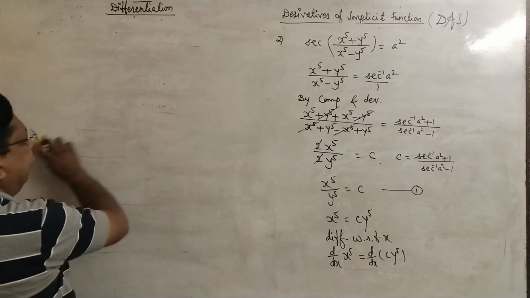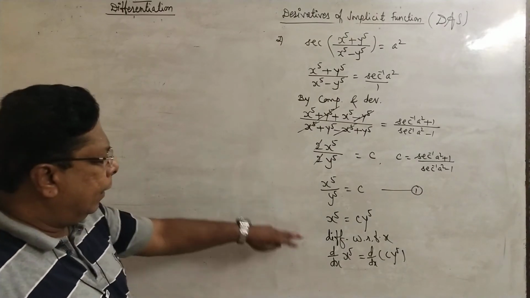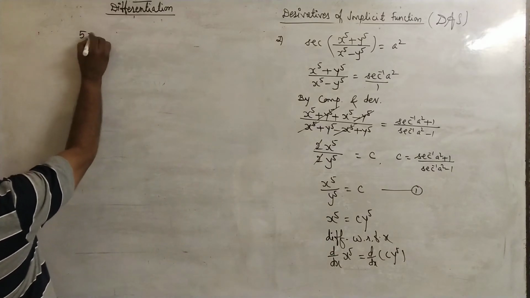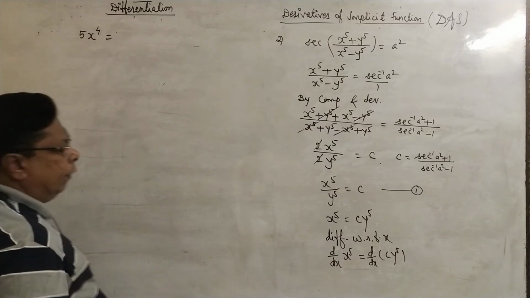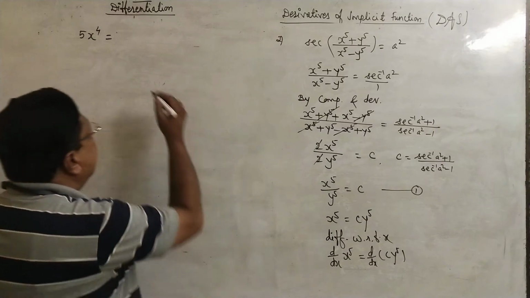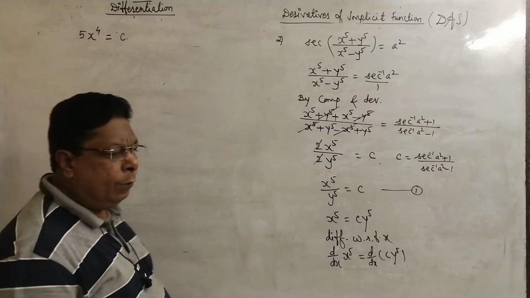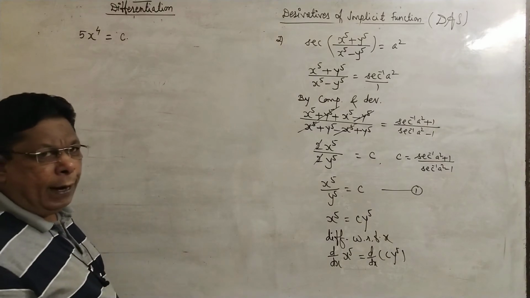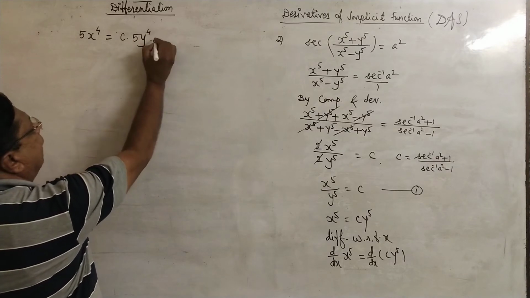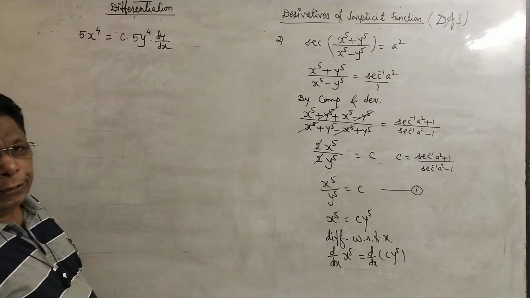By using the derivative of x raised to n, that is n x raised to n minus 1, the derivative of x raised to 5 is 5x raised to 4, equal to, now here c is a multiple of the function, c is constant, keep it outside, c into the derivative of y raised to 5 by using the same formula, so it is 5y raised to 4 into the derivative of y with respect to x, which is dy by dx.